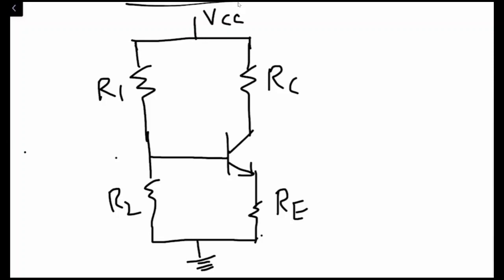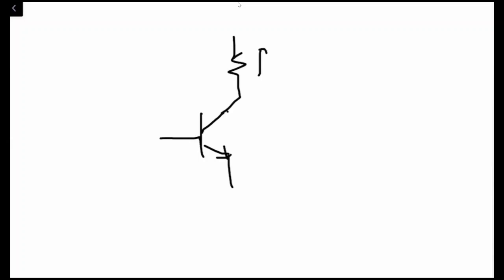And if we simplify this circuit, for the simplified circuit we can say that we have the transistor and we have the collector. The collector is having the resistance RC, and this is being connected to the VCC, which is the biasing source.